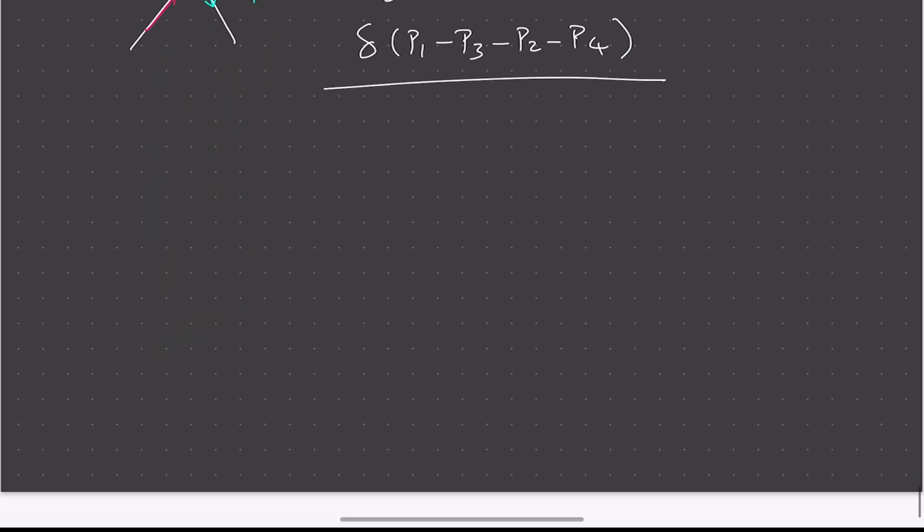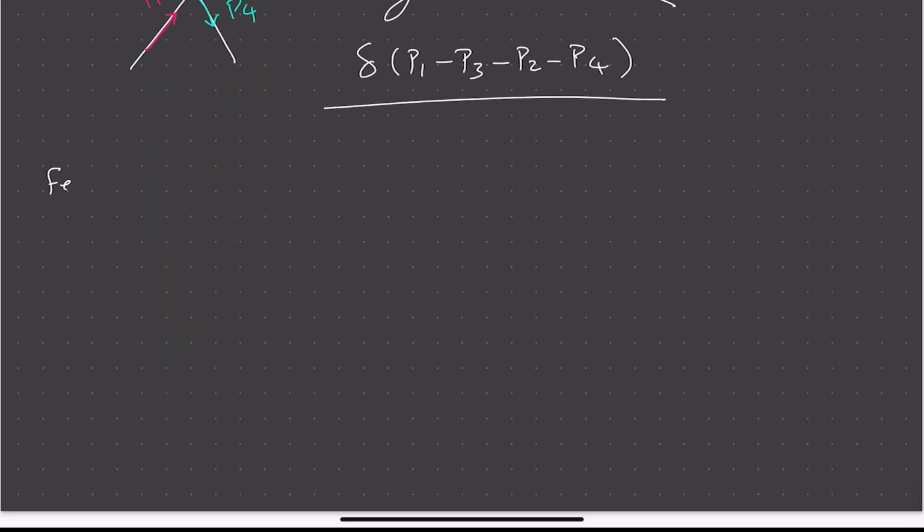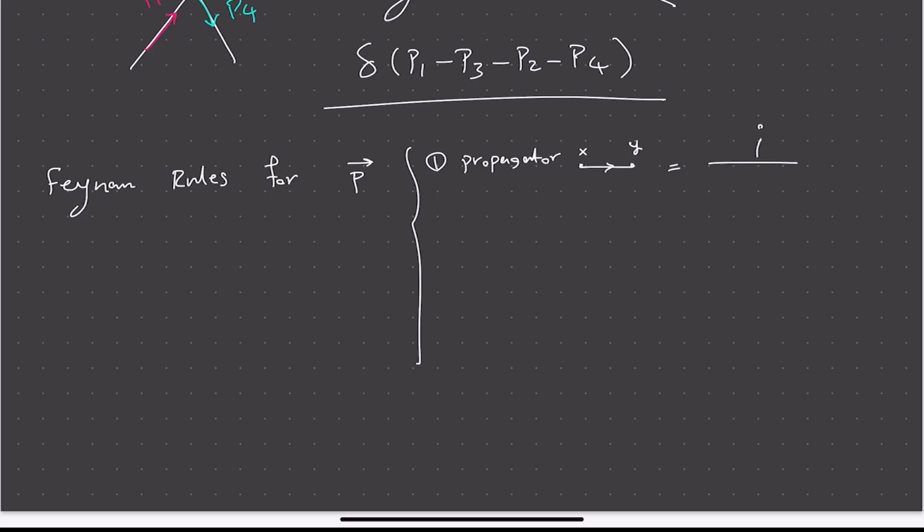So now let's summarize the Feynman rules in momentum space. For each propagator from x to y, we're going to replace it with i over p² - m² + iε.